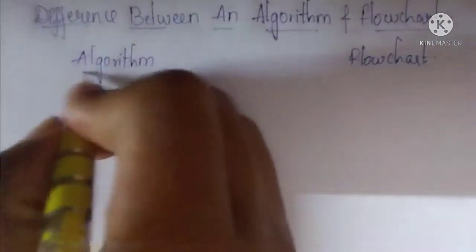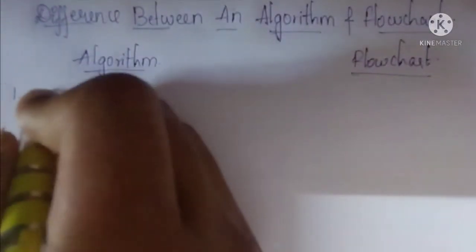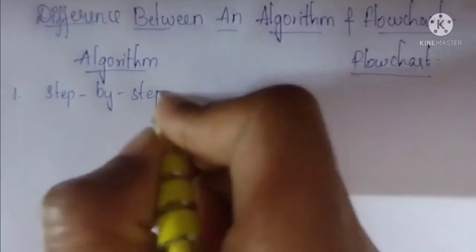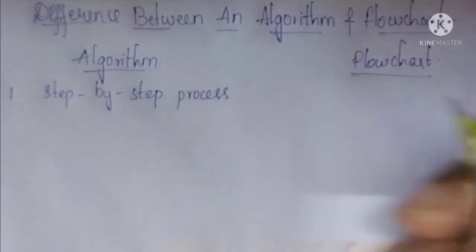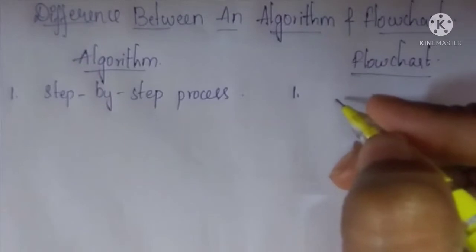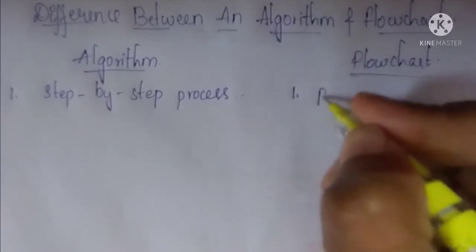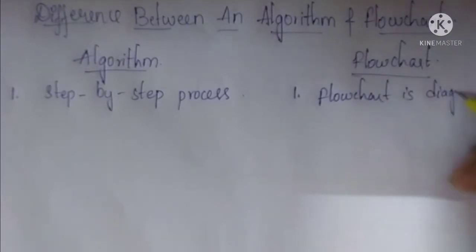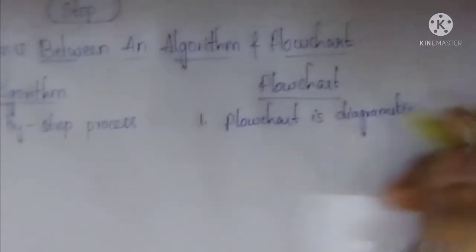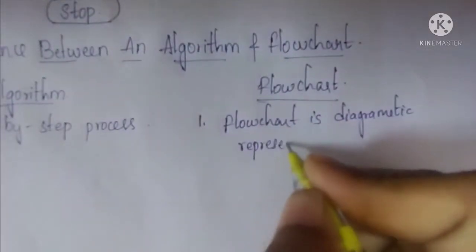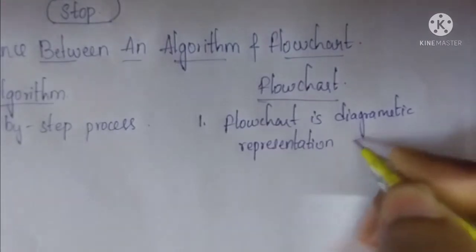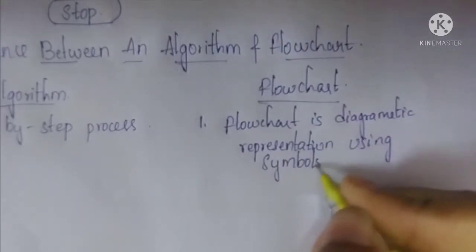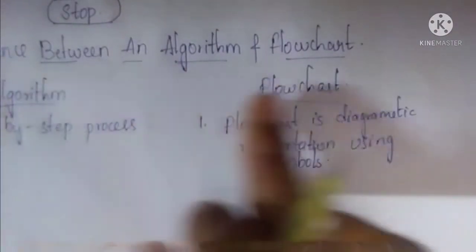So the first difference is, an algorithm is a step-by-step process, whereas a flowchart is a diagrammatic representation using different types of symbols. So this is the first difference between the algorithm and flowchart.